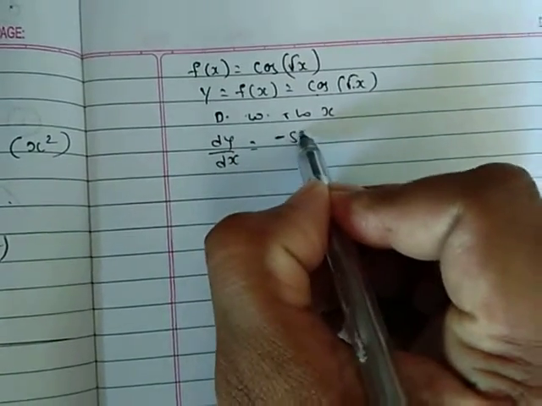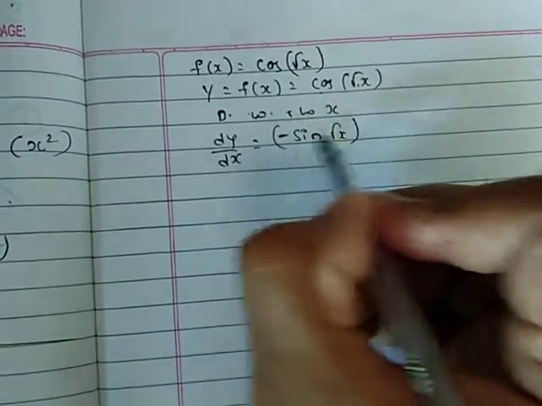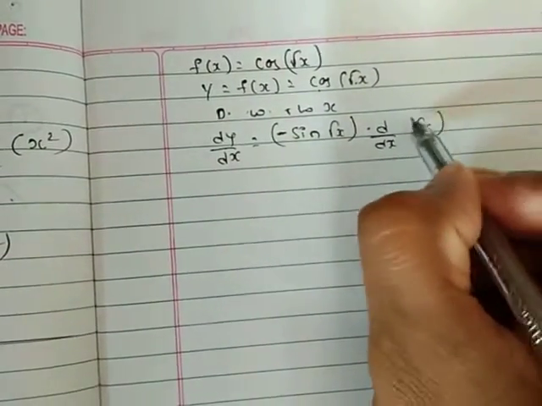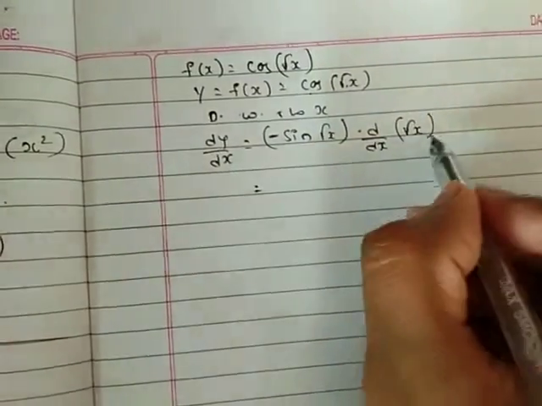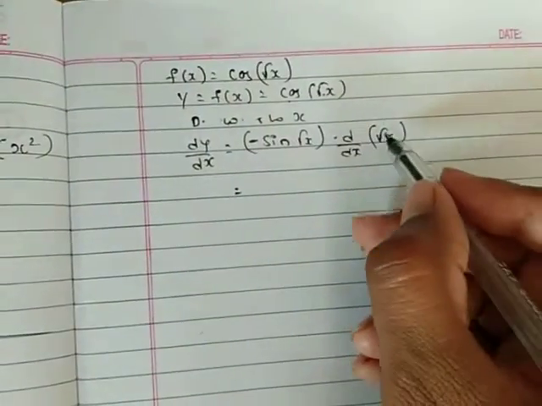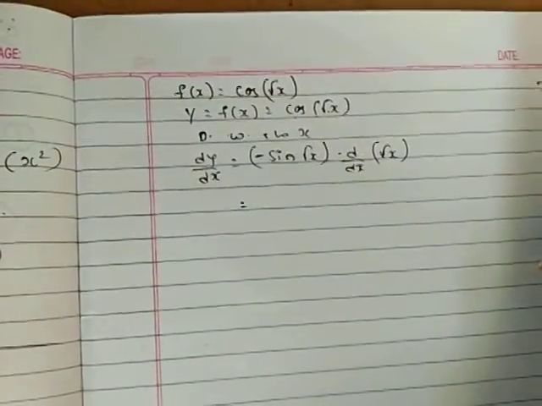So minus sine of, in the place of x we have root x, into d by dx of root x. Observe here. For the differentiation of root x, we have the standard value. Differentiation of root x is nothing but 1 divided by 2 root x.